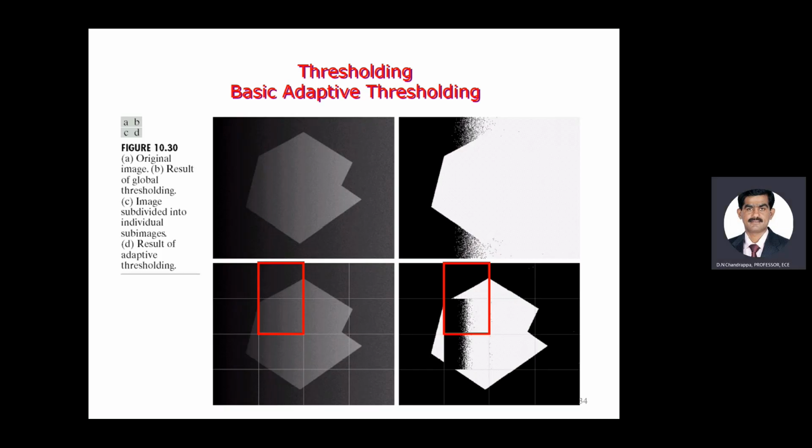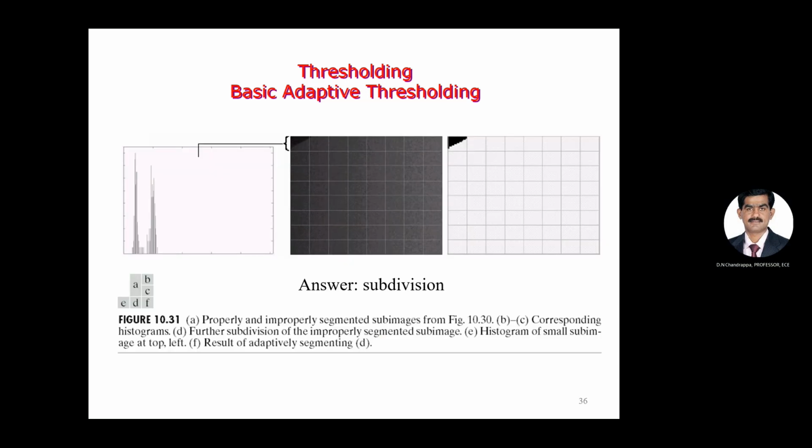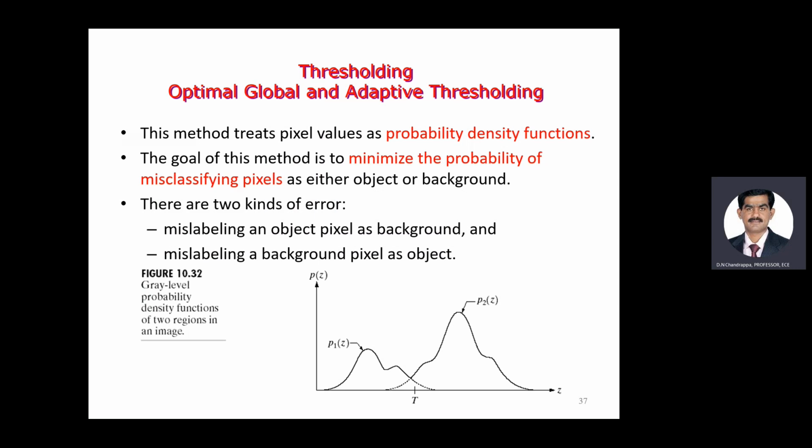Adaptive thresholding, where we can adjust, basic adaptive thresholding. These are used in optimal global and adaptive thresholding.